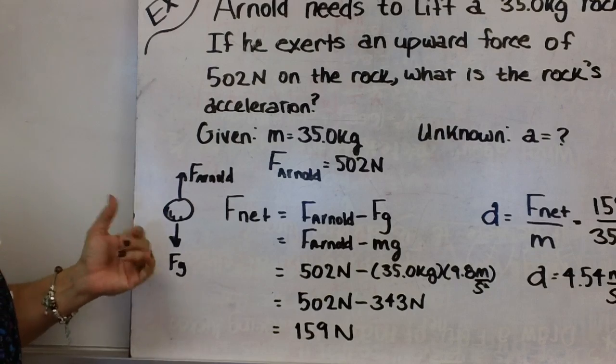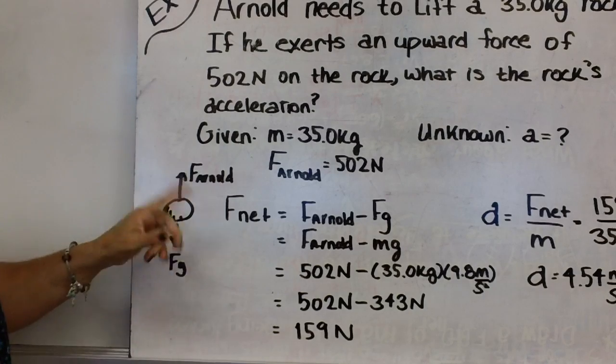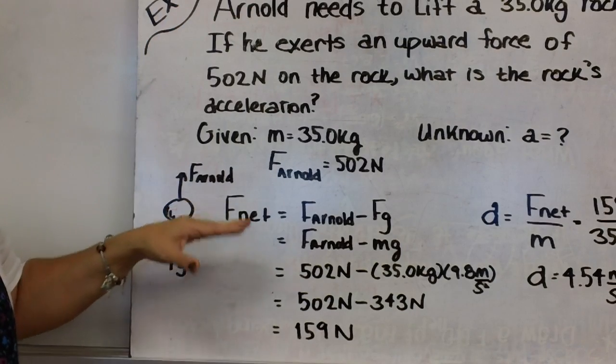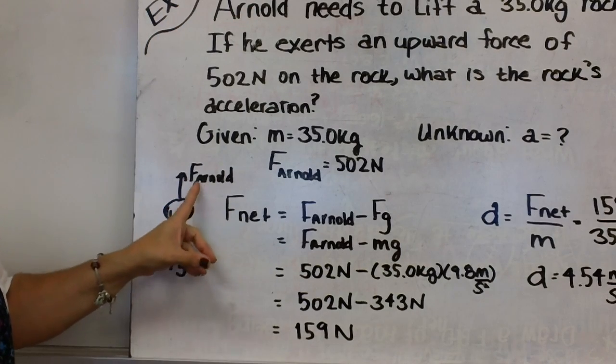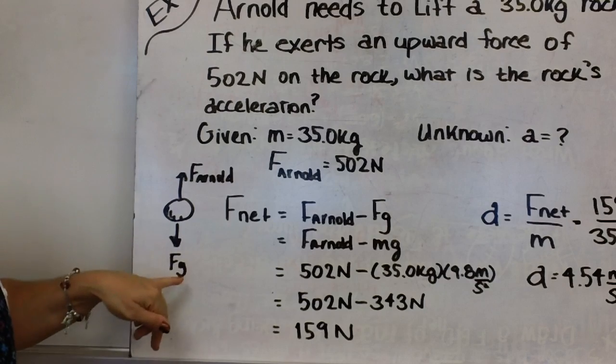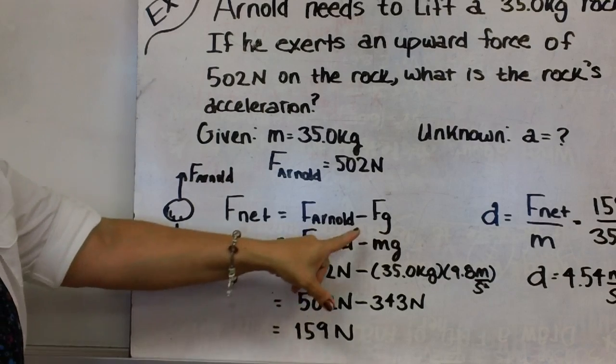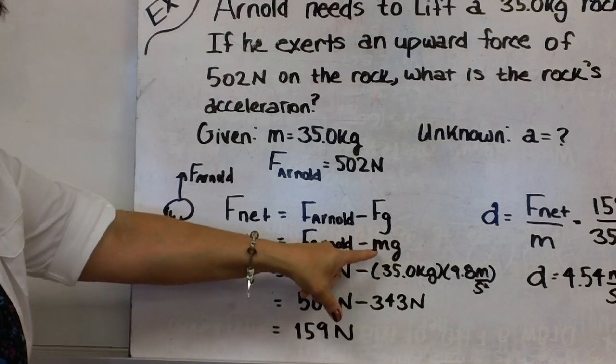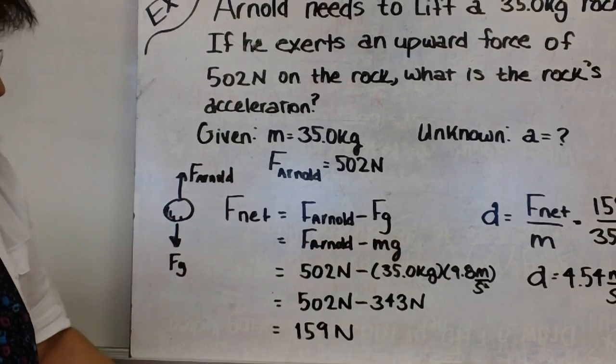Okay, so here's my picture of my rock. The forces acting on the rock are the force of gravity down and the force of Arnold pushing up. So the net force has to be the force of Arnold minus the force of gravity, and we know from the previous slide that the force of gravity is the mass times the gravity.